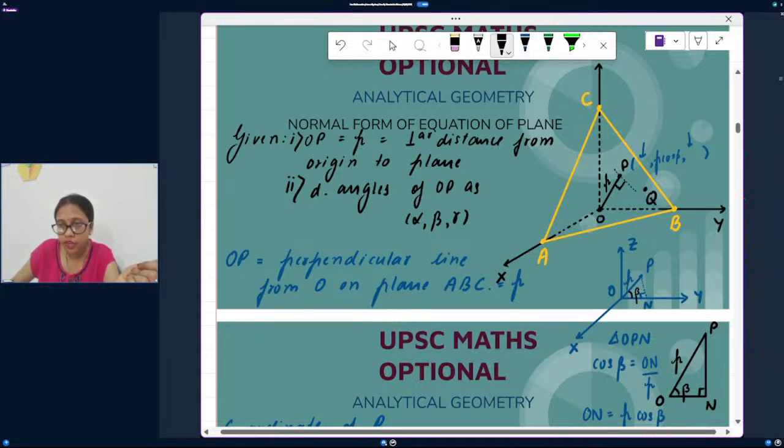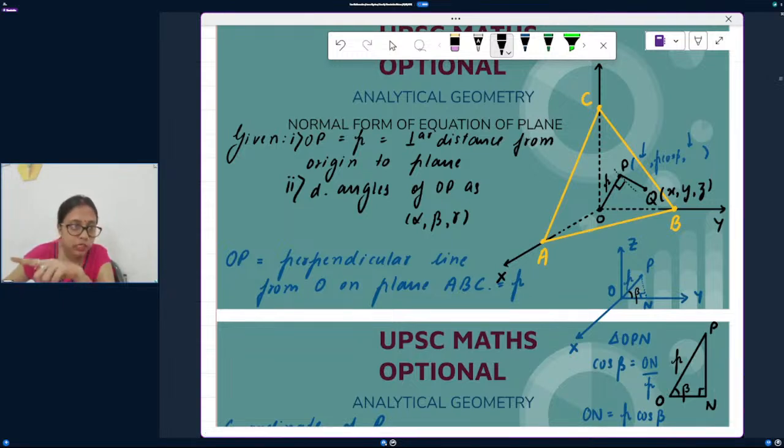This is an arbitrary point, so it has to be x comma y comma z. So I can find the direction ratios of PQ. How? x2 minus x1, y2 minus y1, z2 minus z1.